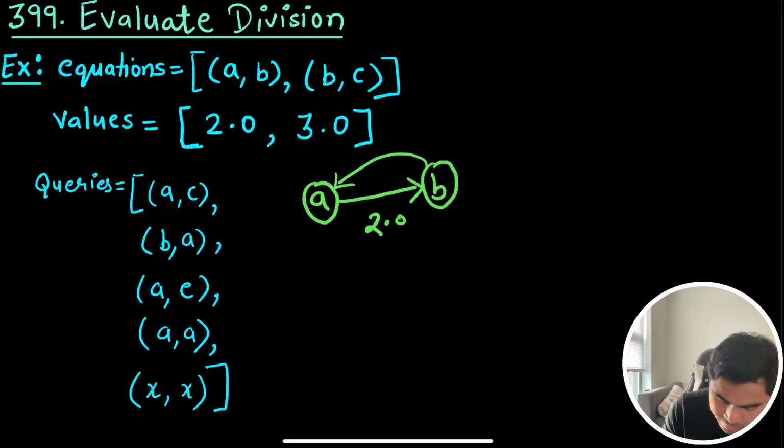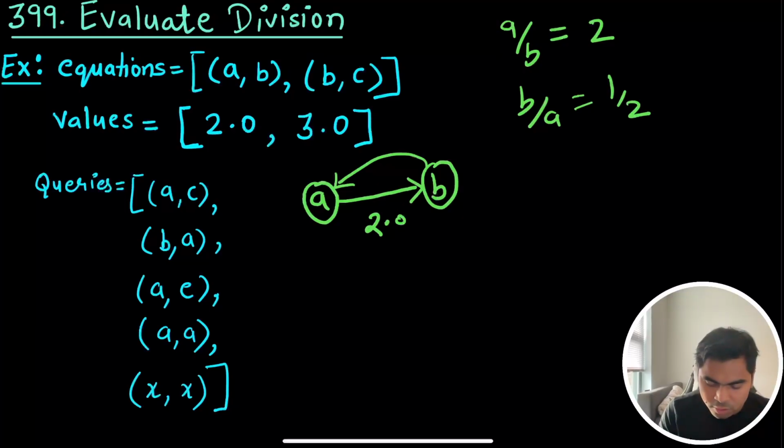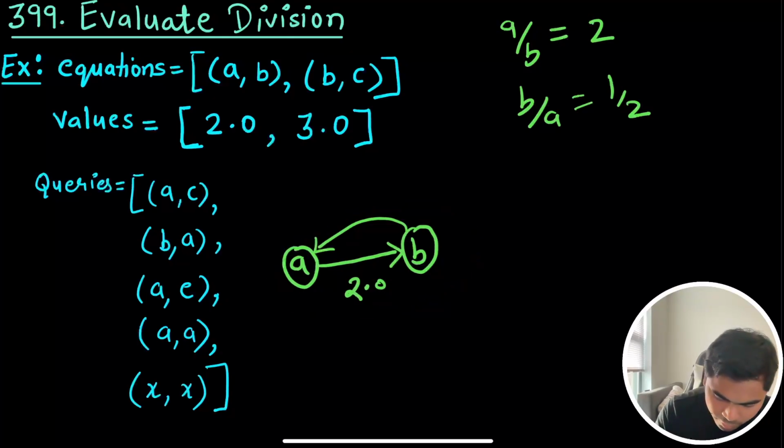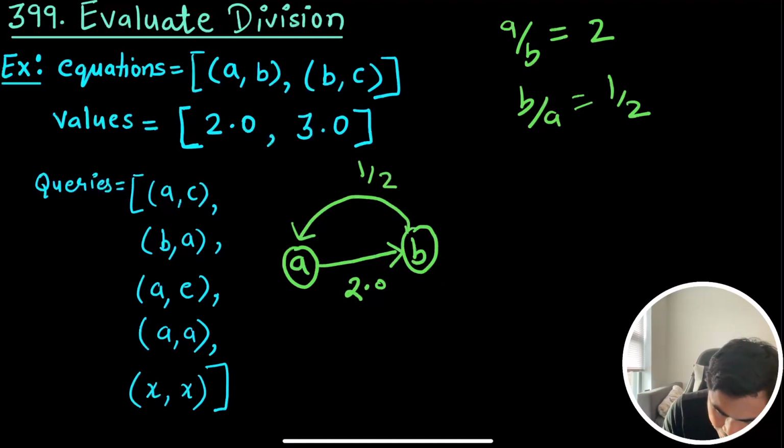If you know mathematics, A divided by B is 2, then B divided by A is 1/2, right? So I'll just redraw this edge. So from B to A, the weight of this edge would be 1/2.